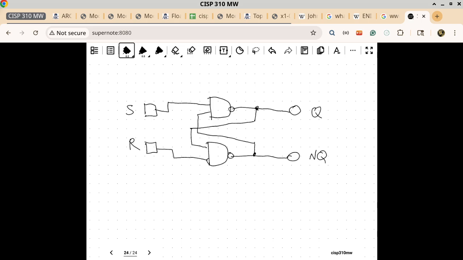We have not seen a circuit where the output goes back to the input. You can also see this as a weird crisscrossing loop of some kind, right? Because you can see how this goes here, this goes back here, and then this goes all the way back here again. It's kind of like a figure eight, infinite loop.